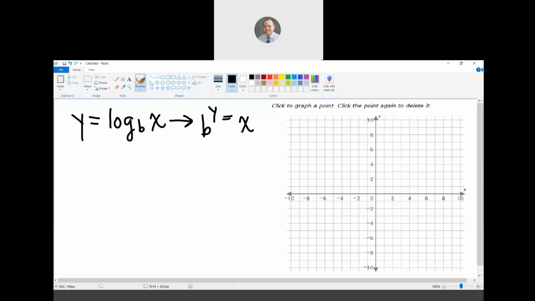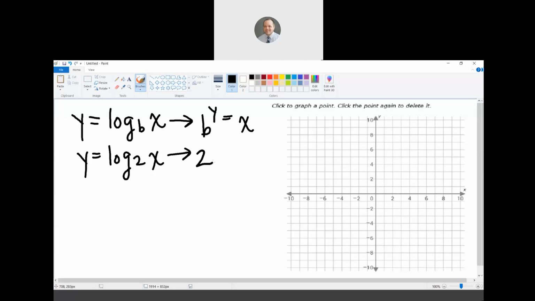So let's say we had to graph y equal to log base 2 of x. You could probably graph this immediately on Desmos, but in case Desmos is not available or you're not at a computer, we can convert this easily to exponential form.